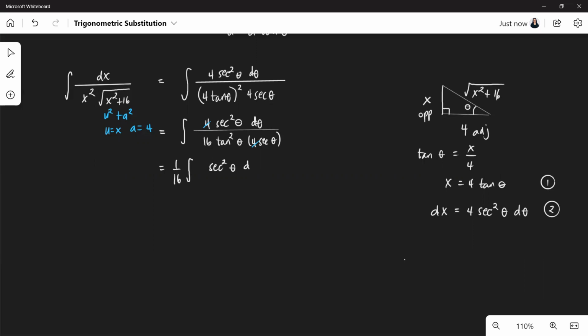over tangent squared and another secant at the bottom.